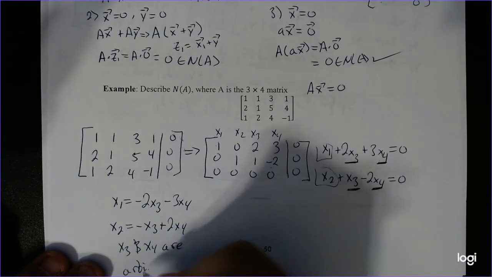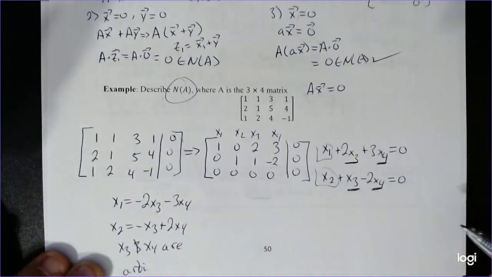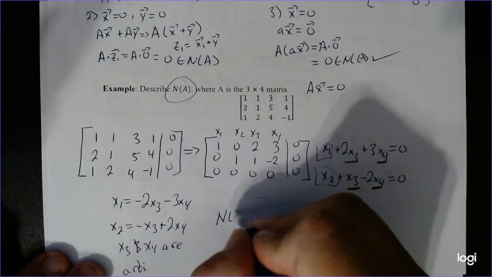Okay. So how do we write the null of A? Because we want to describe the null of A. So now we have to put it in actual notation.